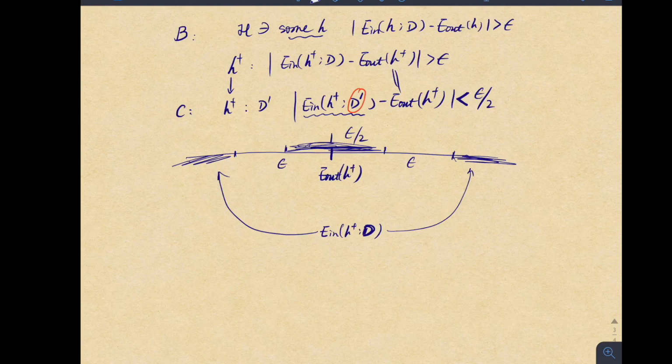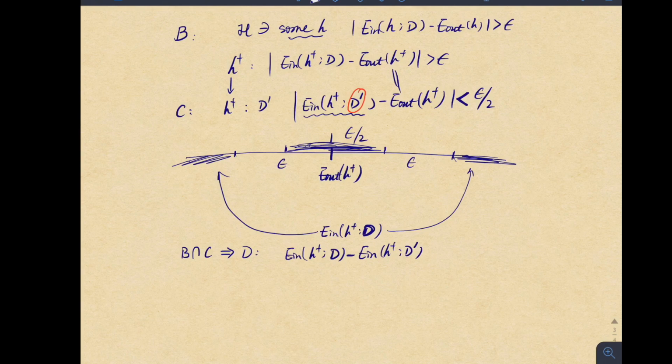So when putting together, B and C implies some event D, and that event D we can write as follows: the in-sample error of H cross measured on the original dataset, take the difference between this one and the in-sample error of H cross measured on D prime.